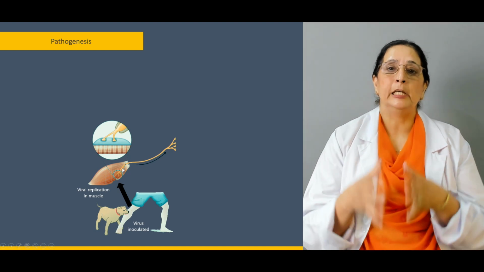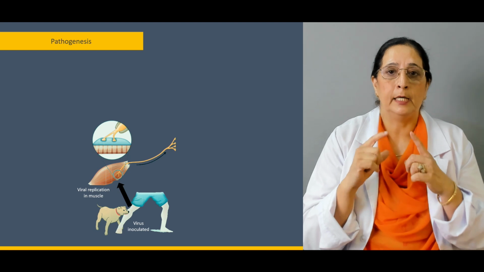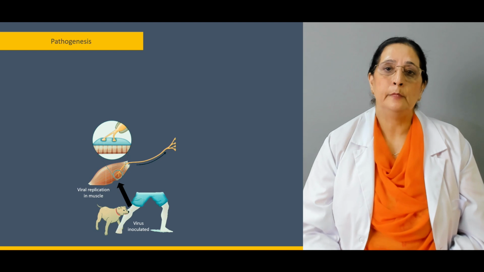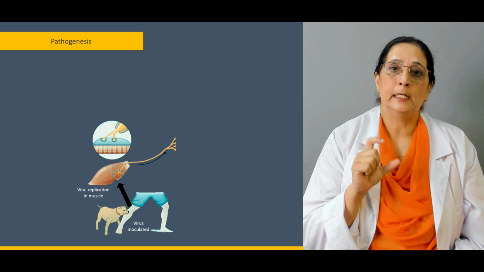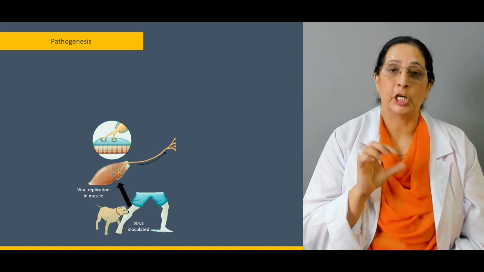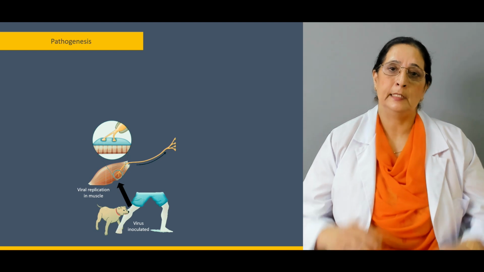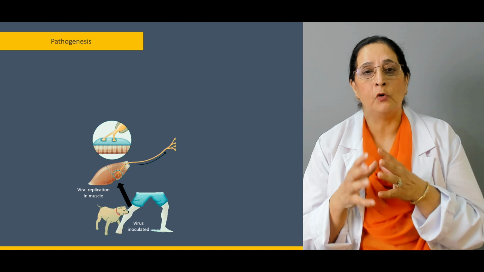Replication of the virus after it is inoculated in the body occurs in the muscle. In the skeletal muscle it is replicated, and there we have the junction, which is the neuromuscular junction. This is the junction between the muscle and the neuron.